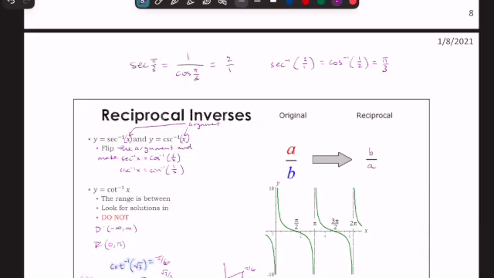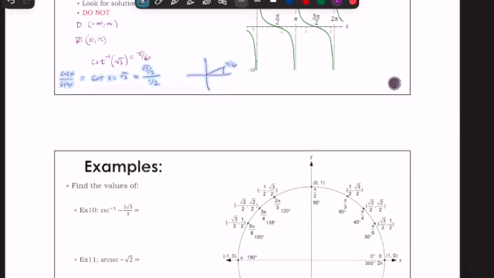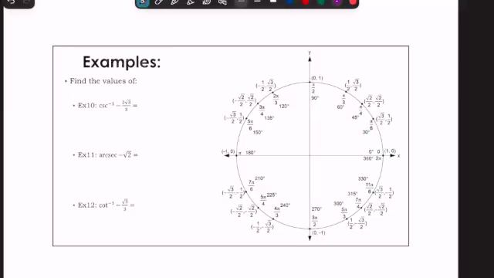So let's look at some examples. Cosecant. What I'm going to do is change this to be sine inverse of 3 over 2 root 3. So I'm going to multiply by root 3 over root 3, which ends up being 3 root 3 over 2 times 3.